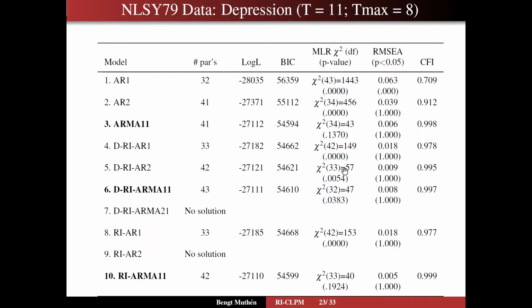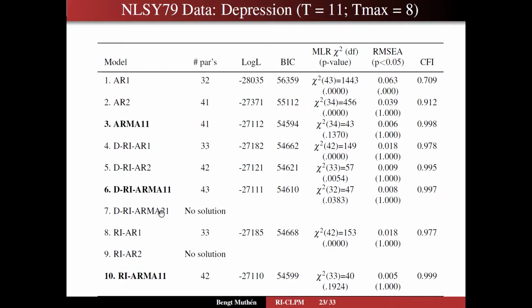Well, the AR2 does maybe, but the dynamic RI-ARMA model, when I say 1,1, that means autoregression of order 1 and moving average of order 1. 3247, that looks like a good fit. But of course you have to get up to 43 parameters, whereas you got just as good of a fit with only 41 parameters here using the ARMA 1,1 model. And we're going to take a look at that model.